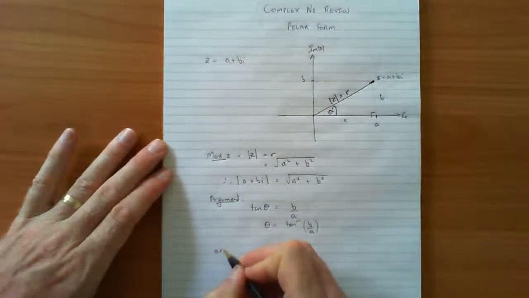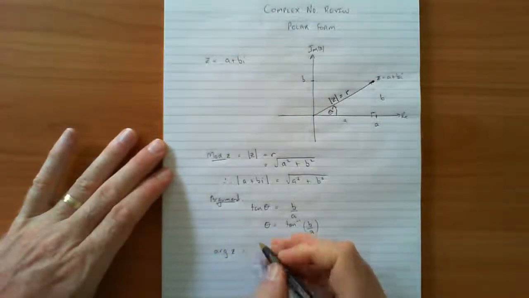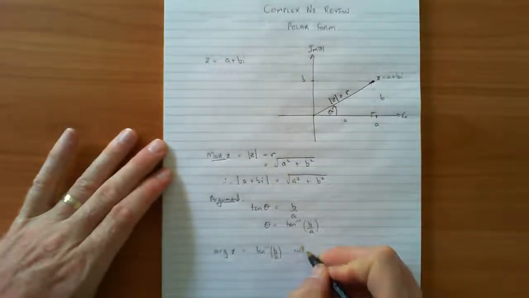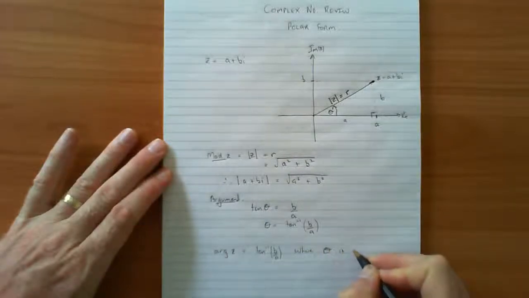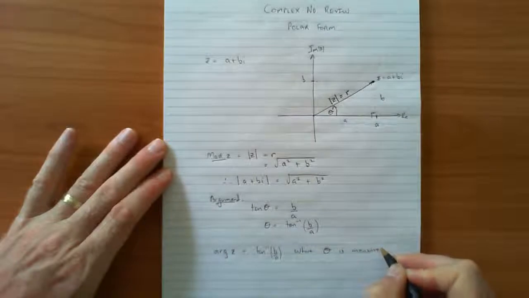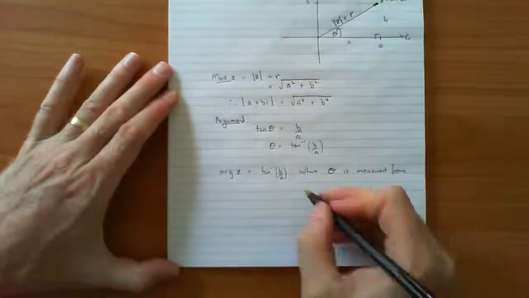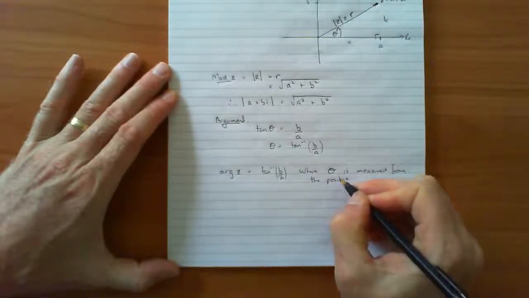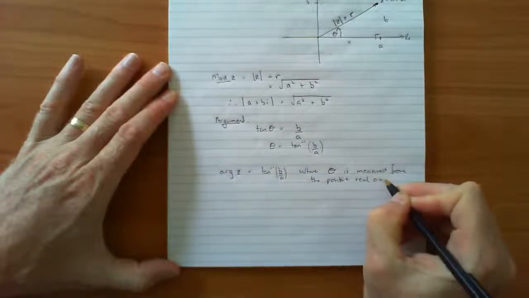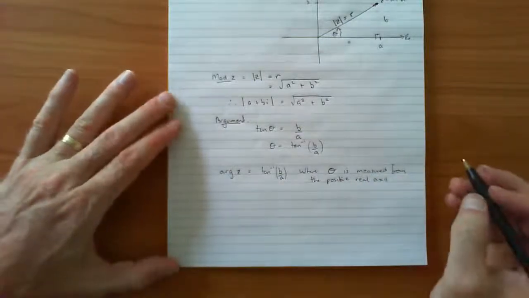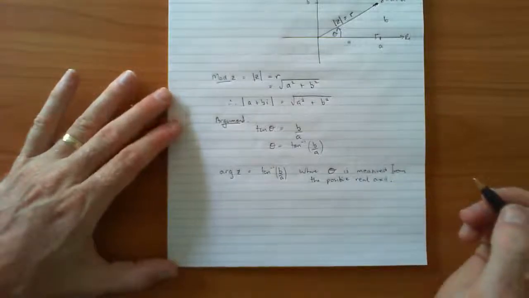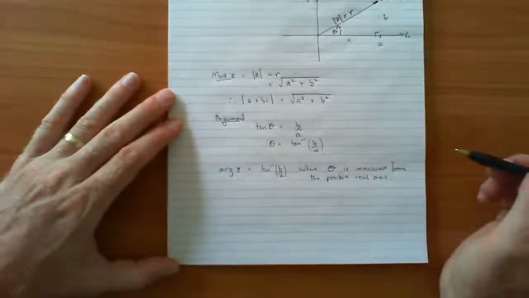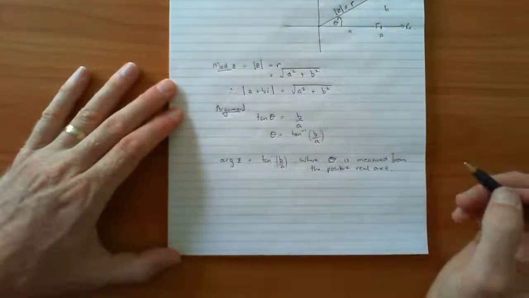We say that arg z is equal to the tan inverse of b over a, where theta is measured from the positive real axis. Now I'm assuming here that you remember some of your circle geometry and the way we label things.